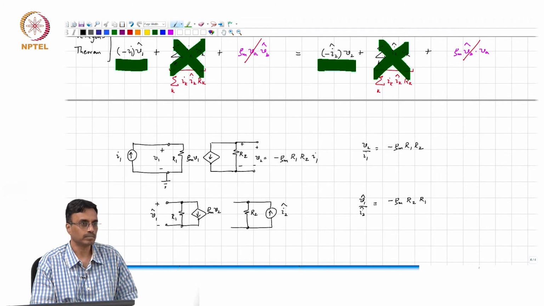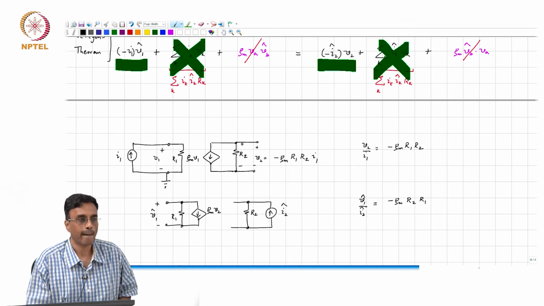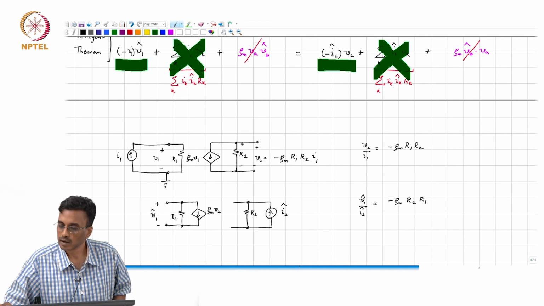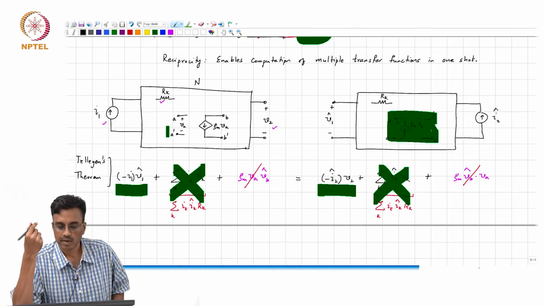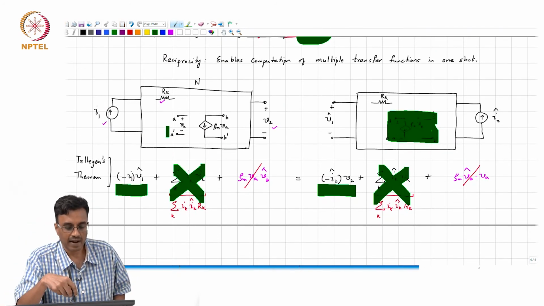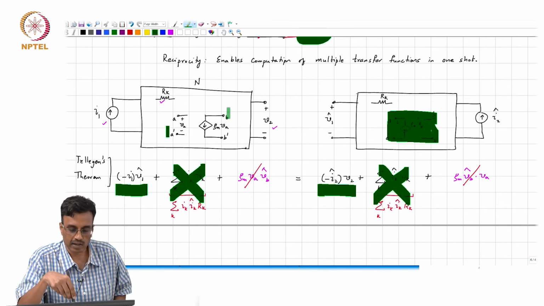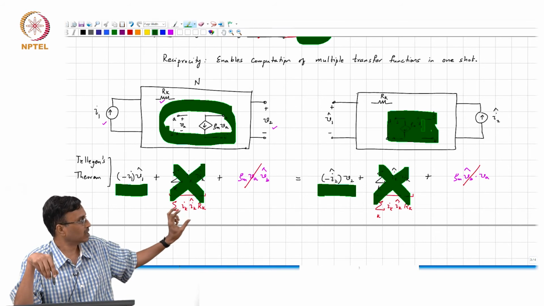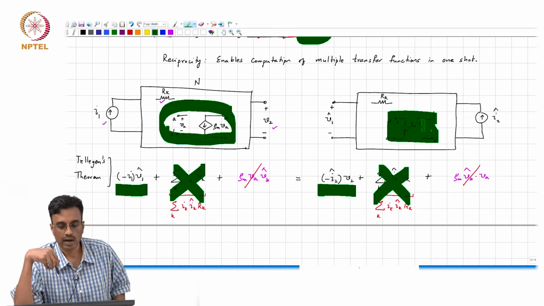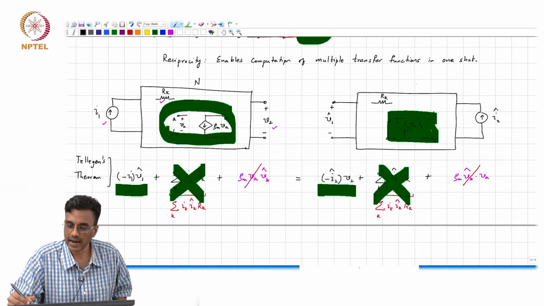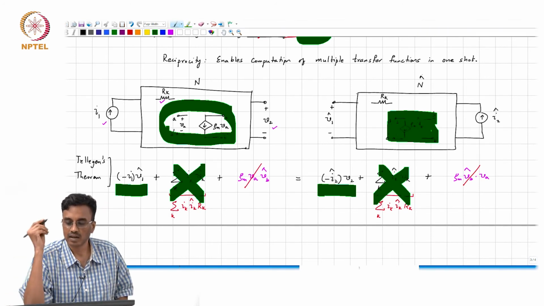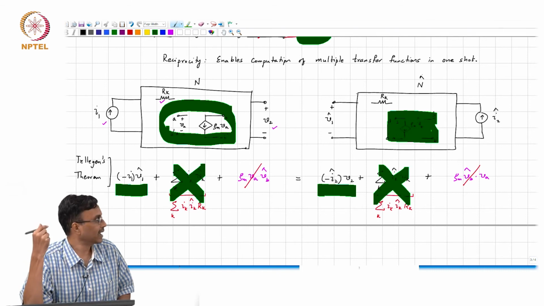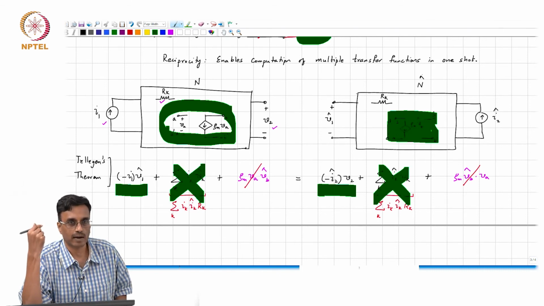Alright. So if we had one voltage controlled current source, we just flip that one voltage controlled source the other way around, and we have another network N hat where a reciprocity like relationship is valid.